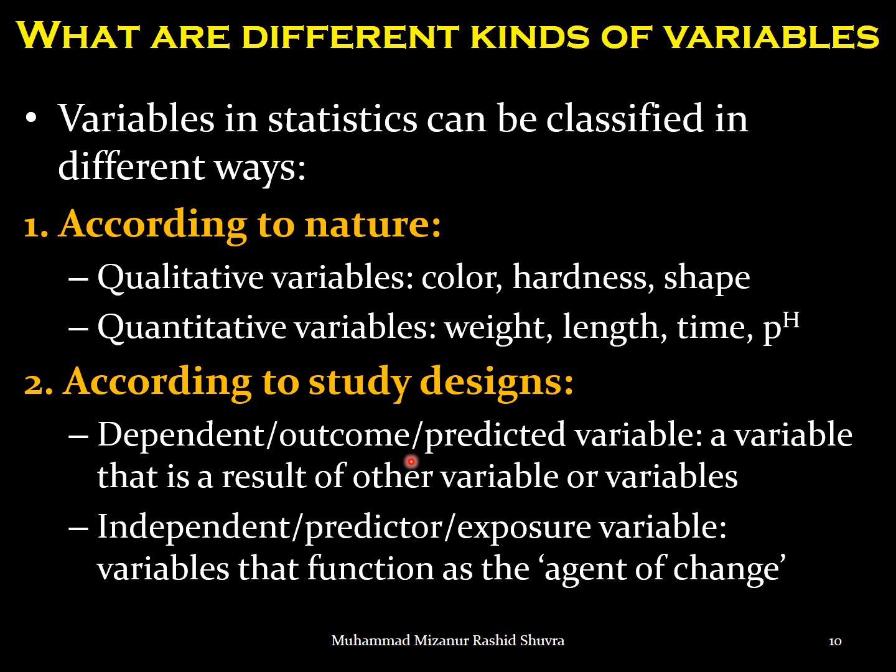They're just called differently in different textbooks or situations, but they mean all the same things, and we'll see them in detail later. So a dependent variable, briefly, is a variable that is a result of another variable or variables. So it's dependent on something. It's a result, so it becomes an outcome of something. Okay, it's a predicted variable because it is a result, so it has been predicted.